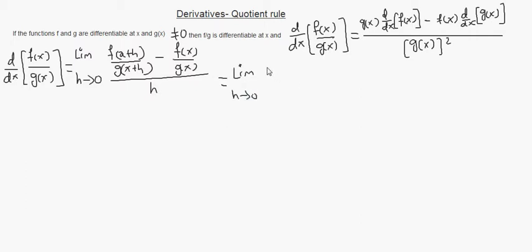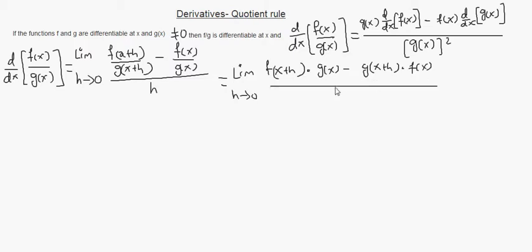Now if you apply the rules for subtracting fractions, you will have f of x plus h times g of x minus g of x plus h times f of x, all this divided by h times g of x plus h times g of x in the denominator.